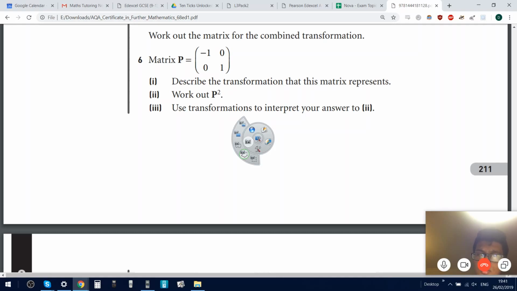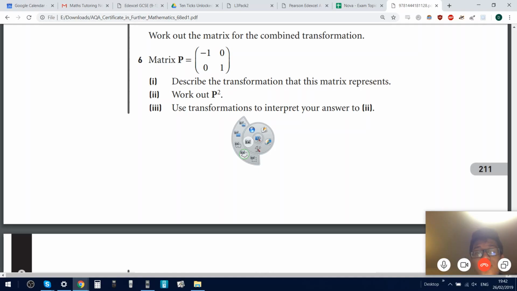Initially, it went to, in terms of transformations, so what was the initial transformation? Minus 1, 0, 0, 1. And what is that as a transformation? Oh, reflecting in the y-axis. And so what's the significance of p squared?